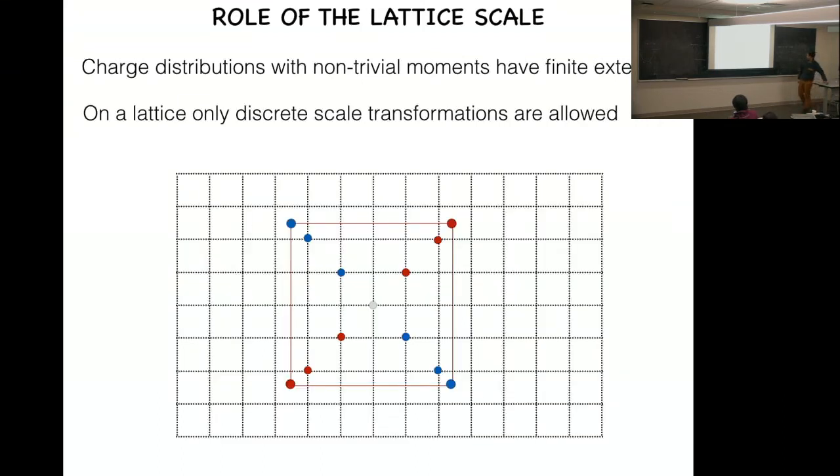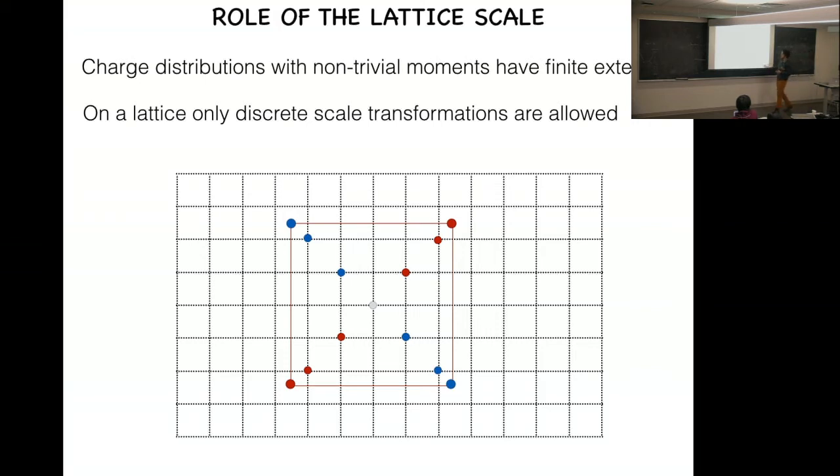On the lattice, the situation is really funny, because on the lattice I can imagine playing the same game, but now I have a lattice. And having a lattice means that points in between the lattice vertices actually don't really exist. I only have lattice vertices. So there, to annihilate these moments, I still can do scale transformations, but only discrete scale transformations are allowed.